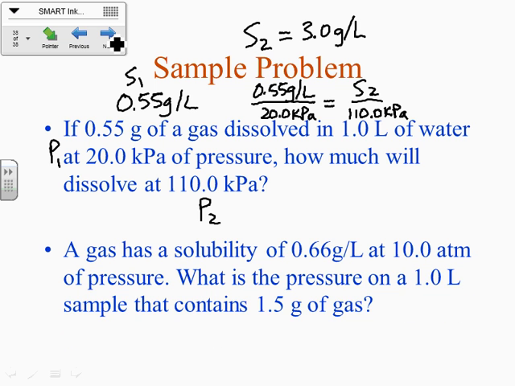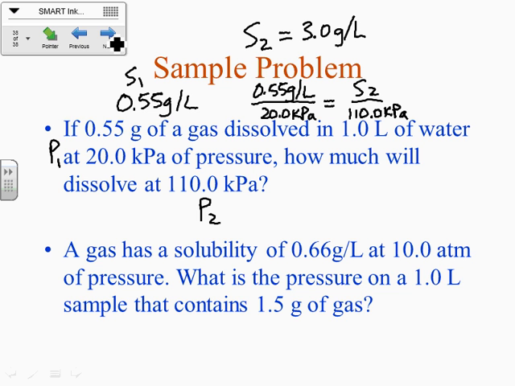All right, one more that's a little bit different. A gas has a solubility of 0.66 grams per liter at 10 atmospheres. What is the pressure on a 1 liter sample that contains 1.5 grams of gas? Okay, so now we're missing a pressure instead. It may be a little bit difficult to see that just because of the way the question is worded, but I think this should make sense.